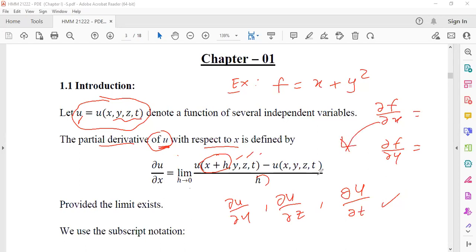Just use this definition and see what answer you get. I'll give you the answers as well: the first one you have to get 1. Sorry, not 1, this one will be 2. I'll give you 5 minutes or so to start your work. Use the definition to answer this question.